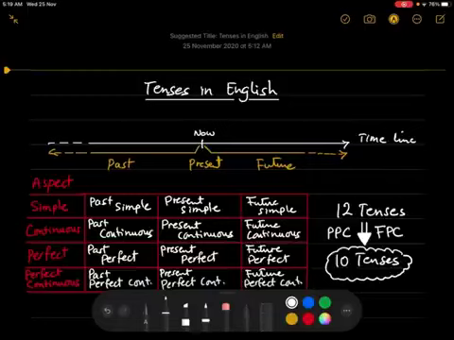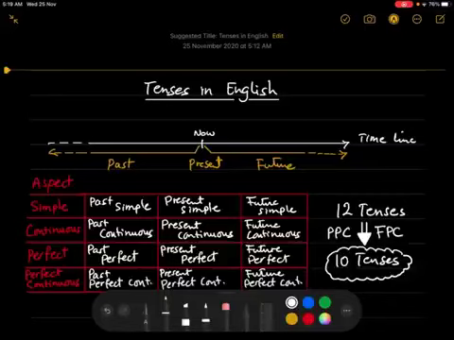So if we try to use the Arabic system of tenses in English, you would make a grave mistake. As an Arab, the best way to study these 12 tenses is to study them in groups. In other words, we will group those 12 tenses into the following groups.